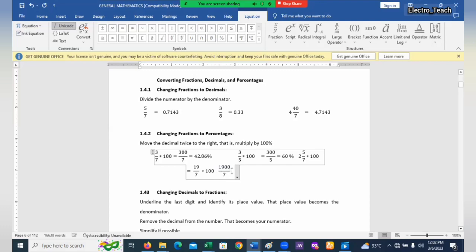So we now divide this one out and get the answer.